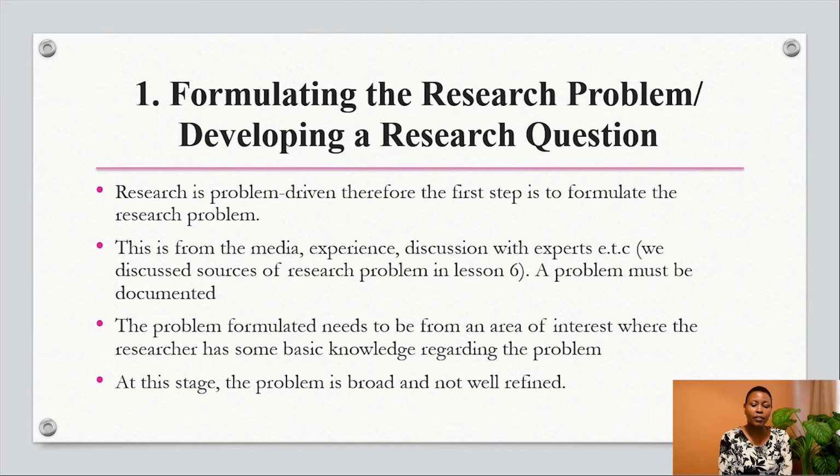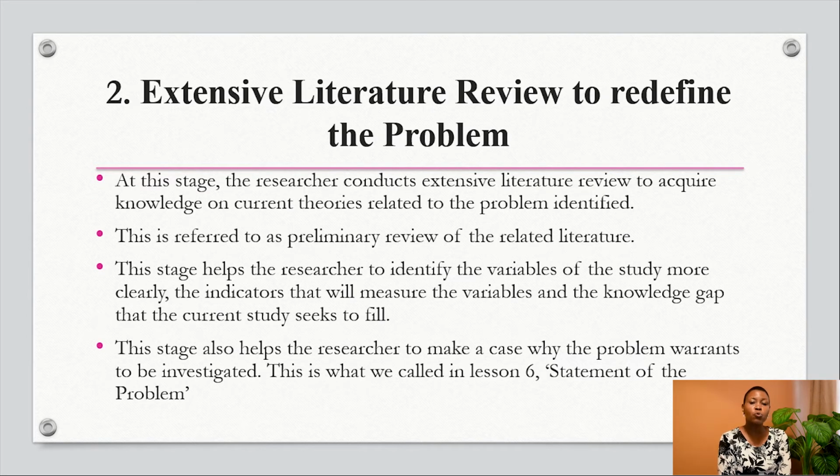In this stage 1, please note that the problem is broad and not well refined. And that is why you move to step 2, where you conduct extensive literature review to redefine the problem. So this stage takes you to literature. It is also referred to as preliminary literature review. This is where you find out what others have written in relation to your problem.